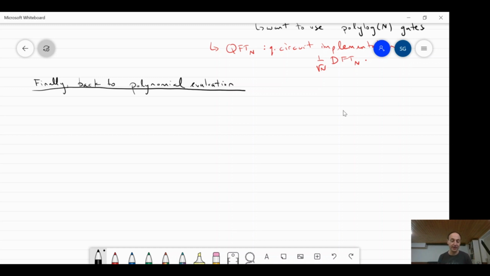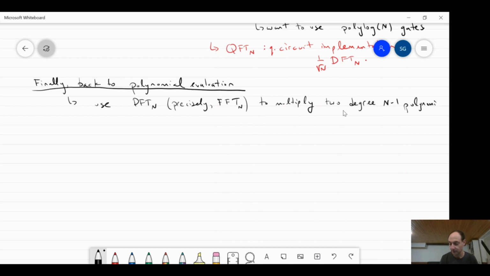Basically the point is that you can use the DFT, and more accurately the fast classical implementation of it, same map, just a fast classical way of doing it, to multiply two degree n minus 1 polynomials, P and Q, in order n log n field operations over the complex numbers.